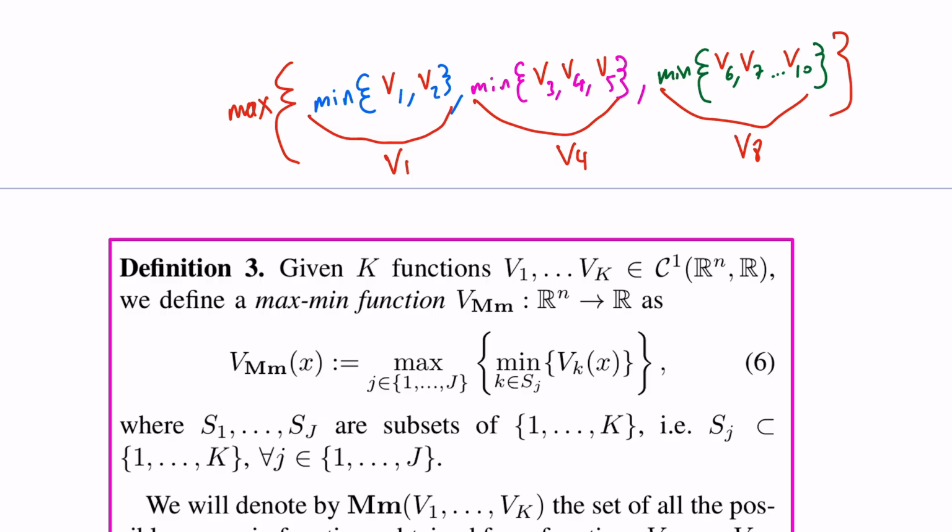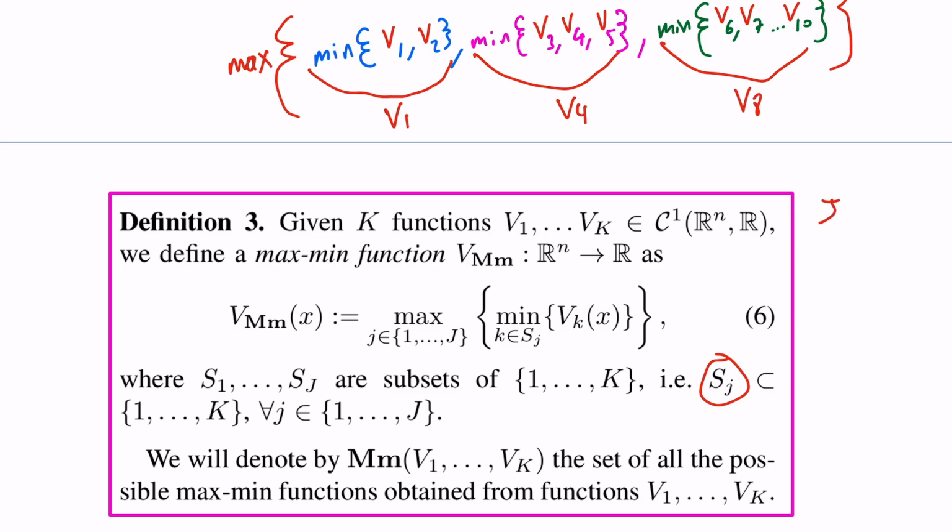compute this MaxMin function. Okay, and you have J subsets, you have K functions, and each S sub J takes values from this set. So there are J subsets. For example, we have 1, 2, and then 3.